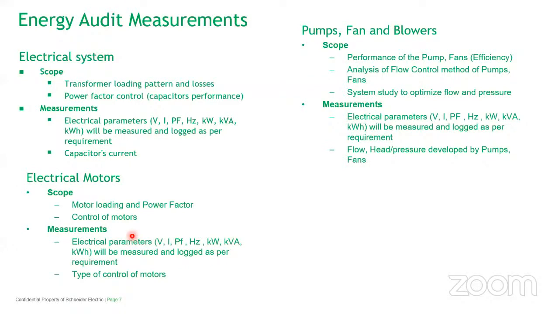Ideally, the motor drives the pump, so by reducing the RPM, the speed of the motor, your flow rate can also be reduced, and accordingly your energy efficiency improves and energy cost saving happens. It's a beautiful way of achieving energy efficiency for pumps, but we should know how the flow control has been done for pumps or fans, and finally you can optimize the energy savings on this particular pump.